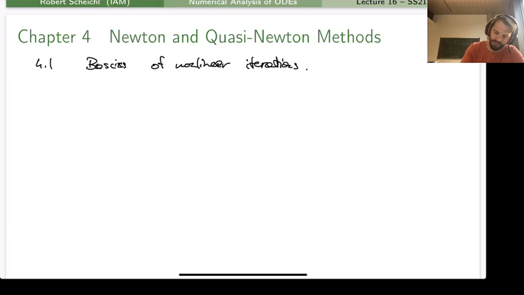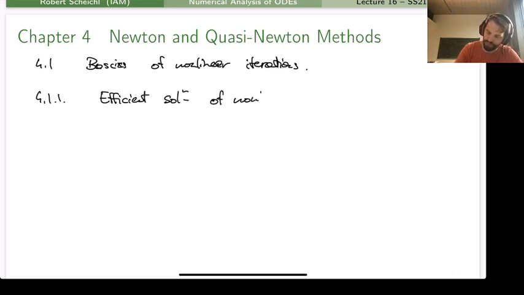The efficient solution of nonlinear equations is an important ingredient in implicit time-stepping schemes.